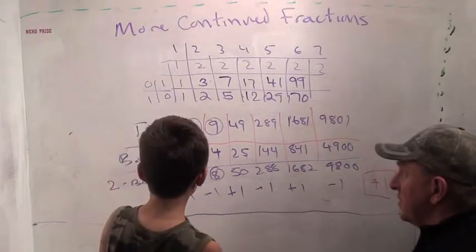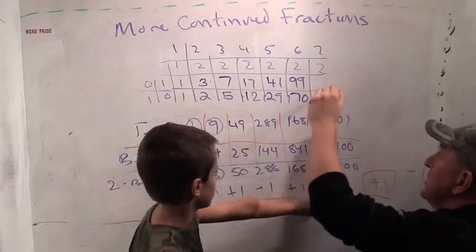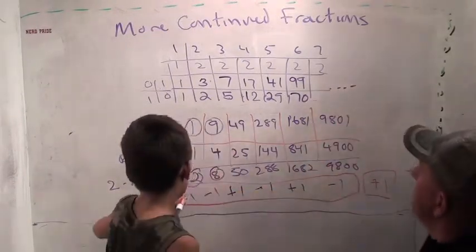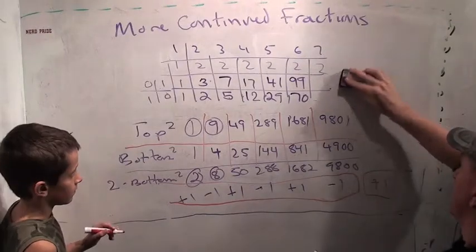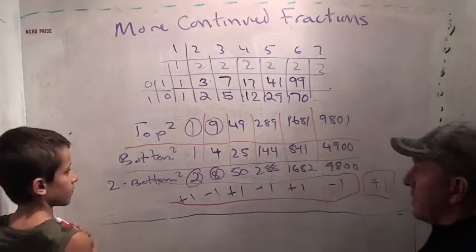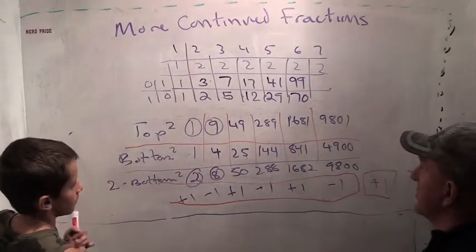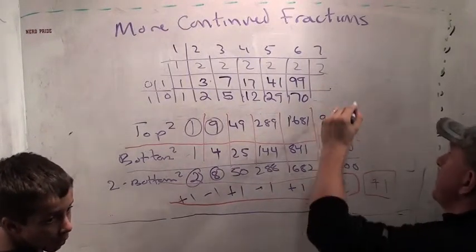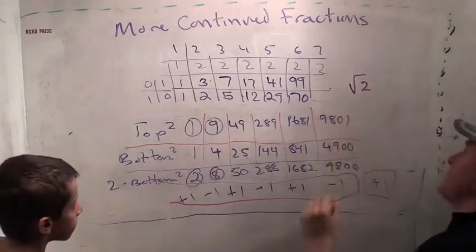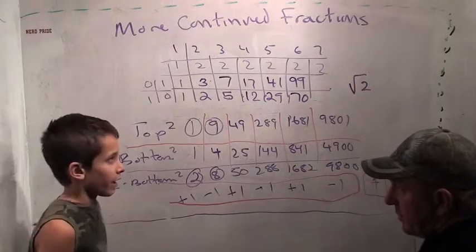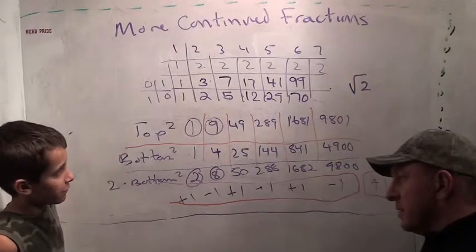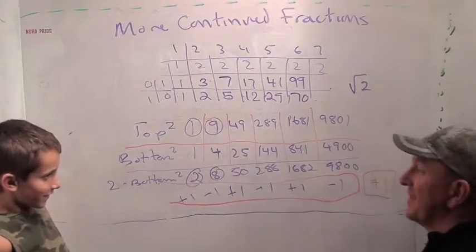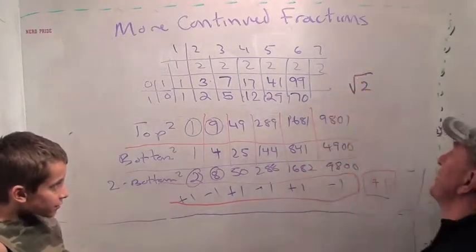So this is a continued fraction. The continued fraction that we're studying here is a continued fraction for something called the square root of 2. The square root of 2 is written like this, and we've never talked about this before, the V with the line. That means square root.